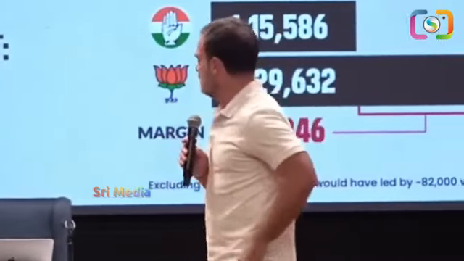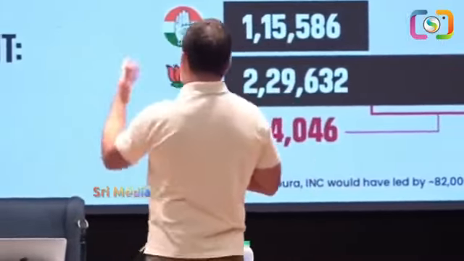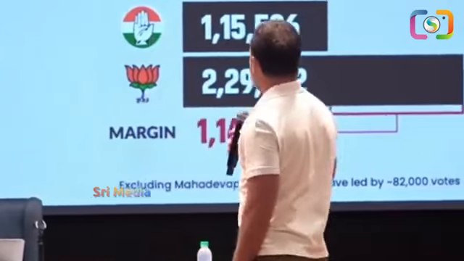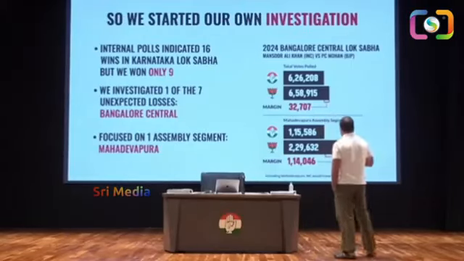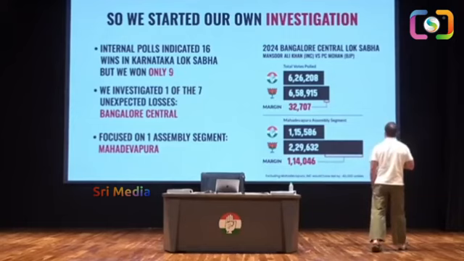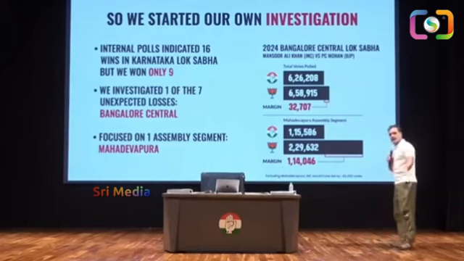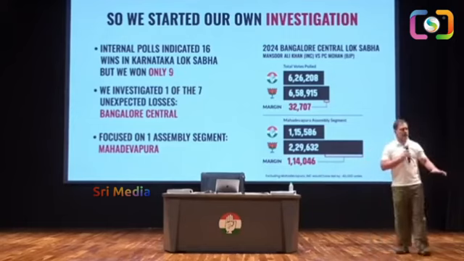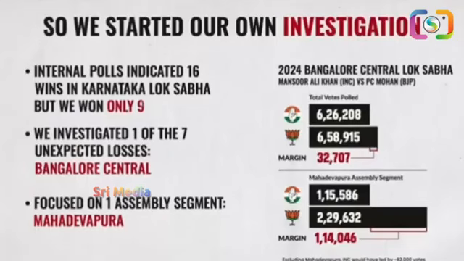And so we chose 1 Vidhan Sabha, focused on Mahadevapura. And here's the broad maths. All the data that we have here is 2024 data from the Election Commission. Everything that we have here is their data. They have given it to us. Okay. In this form.